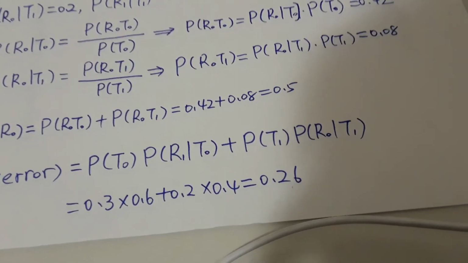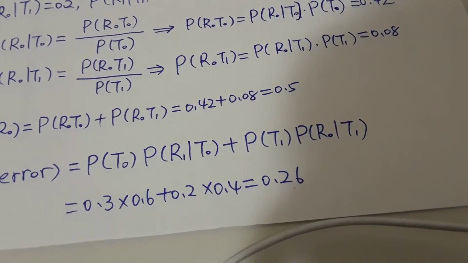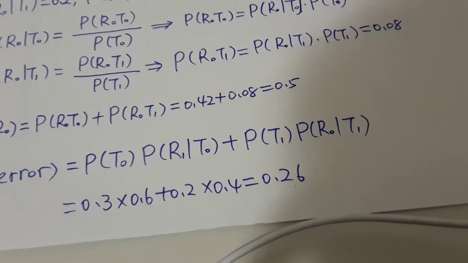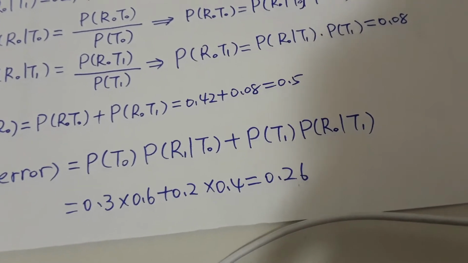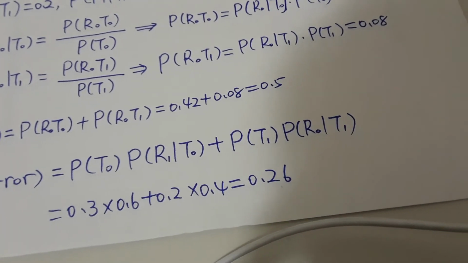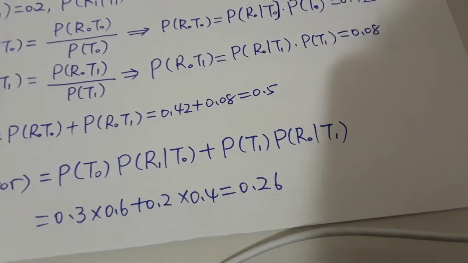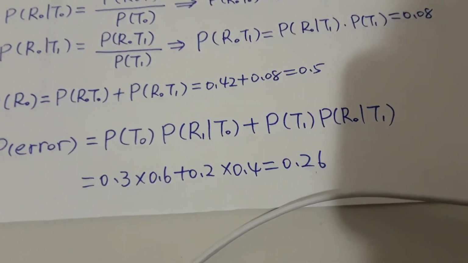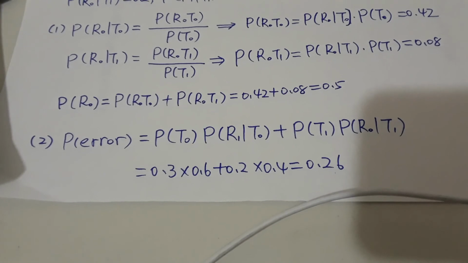So it should be the probability of T0 times the probability of R1 happening given 0 is transmitted, plus the probability of T1 multiplied by the probability of receiving signal 0 given sending 1. And this equation finally equals 0.26. That is the answer for question 2.